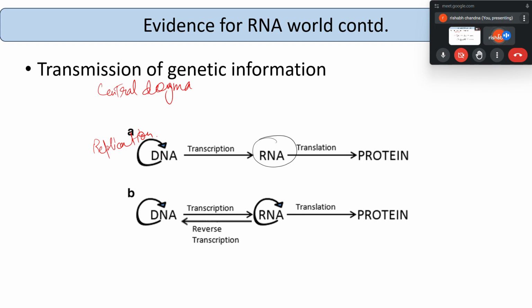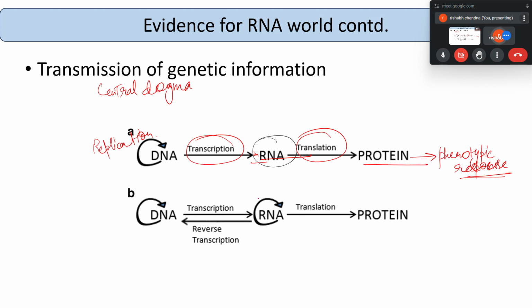It transfers its information to the RNA, that is mRNA, through the process of transcription, and the mRNA moves its information in the form of proteins so that it shows the phenotypic response. This is done with the help of the process called translation.